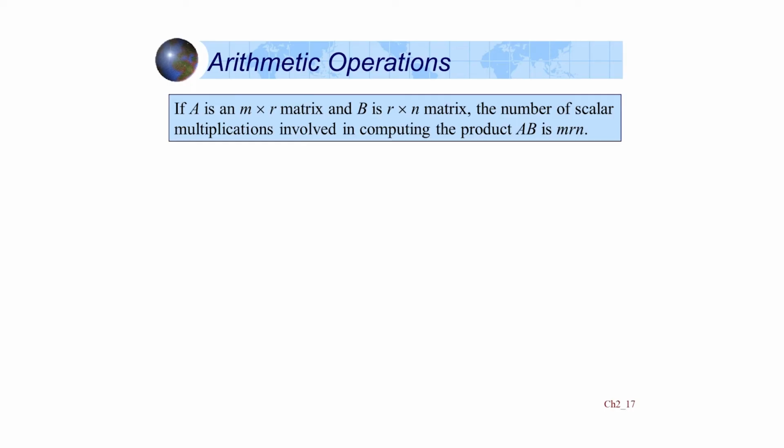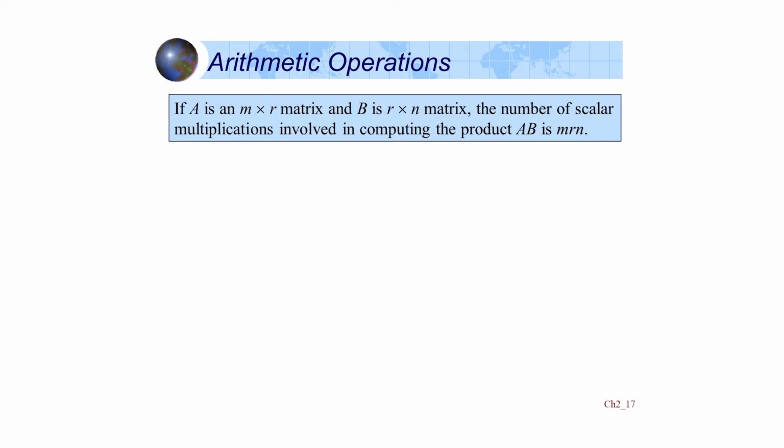Okay. Then if you remember the calculation of the product, you see we have to calculate MN dot products, and each dot product contains R multiplications of numbers. From the point of view of complexity theory, addition is easy, so we don't care about addition.